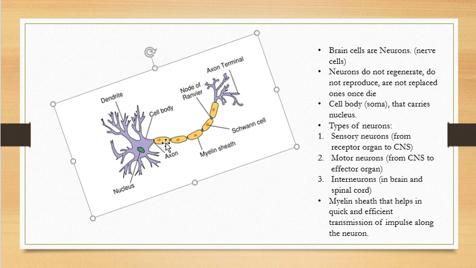The axon is a thread-like structure that moves away from the cell body, and the thread-like branches are the dendrites that move towards the nucleus. These are responsible for carrying the message towards the cell body, and the axon is responsible for carrying the message away from the cell body. The axon is covered with the myelin sheath, and the function of the myelin sheath is to transmit the impulse quickly and efficiently.